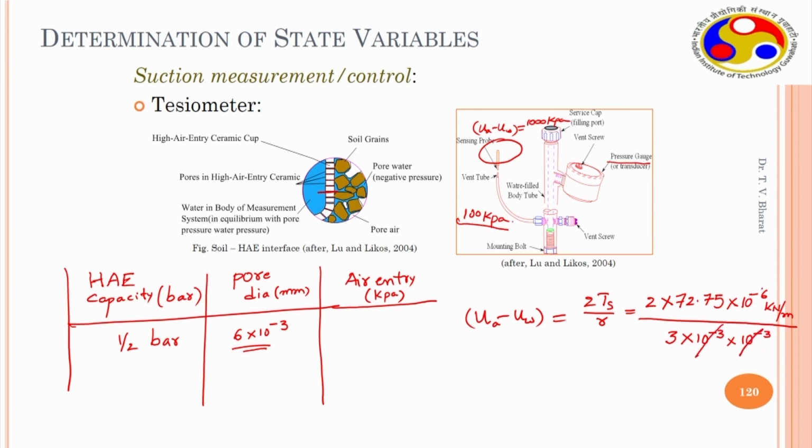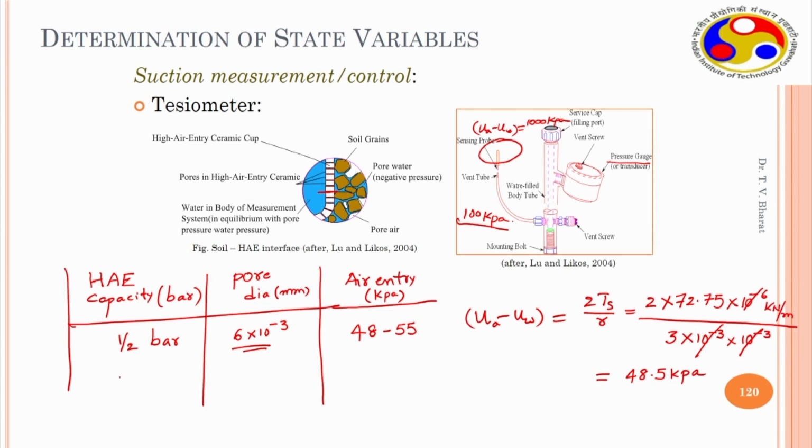So, the 10 power minus 6 terms get cancelled. So, this is equal to about 48.5 kilopascal. So, the air entry of that particular disc may vary around 48 to 50 or 55 kilopascal. That is why it is called half bar. Half bar is around 50 kilopascal.